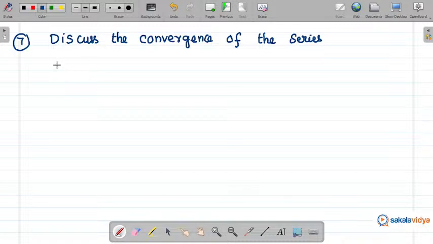1 plus 2 to the power of p by 2 factorial plus 3 to the power of p divided by 3 factorial plus so on, p greater than 0.